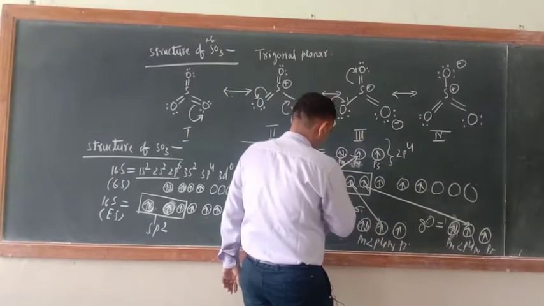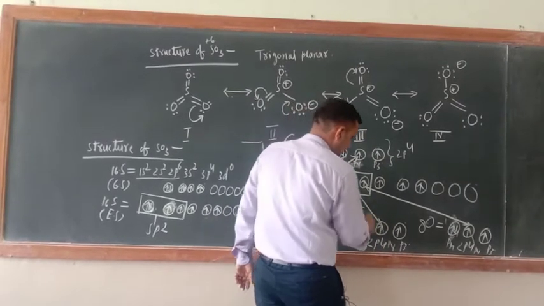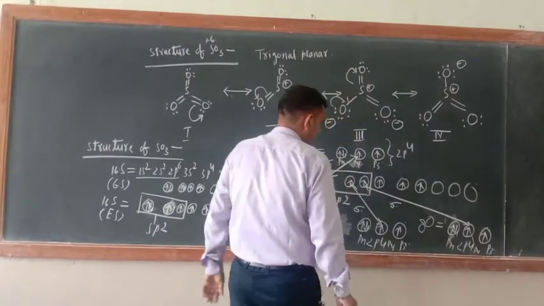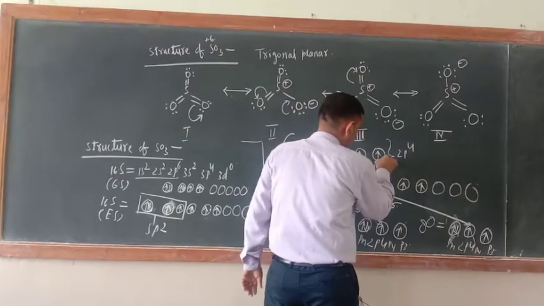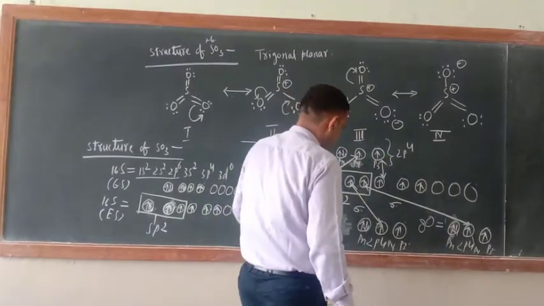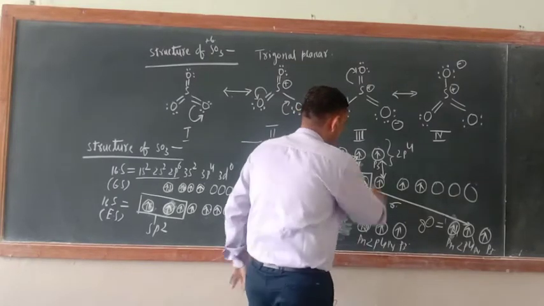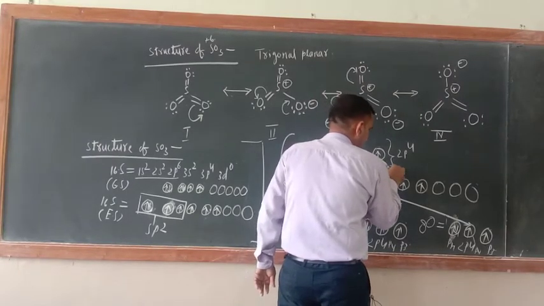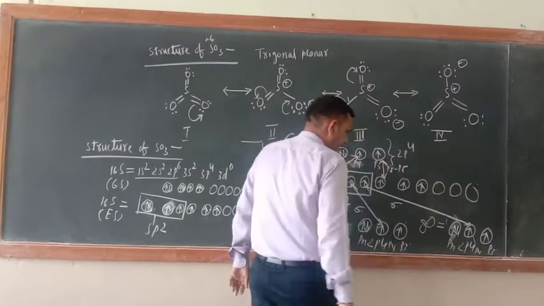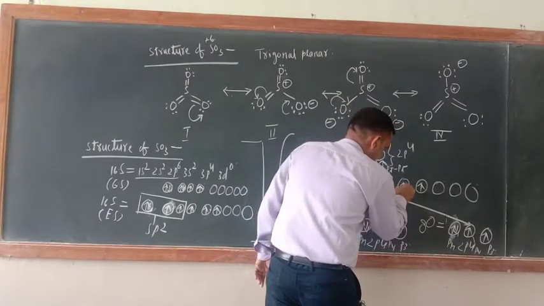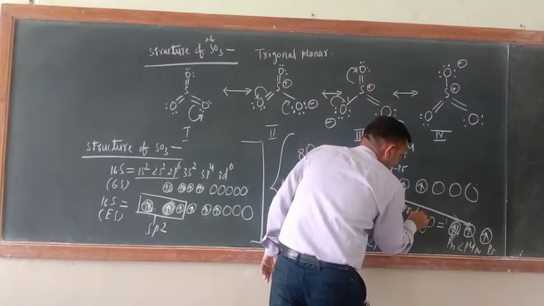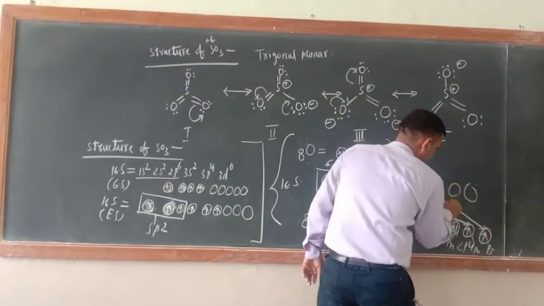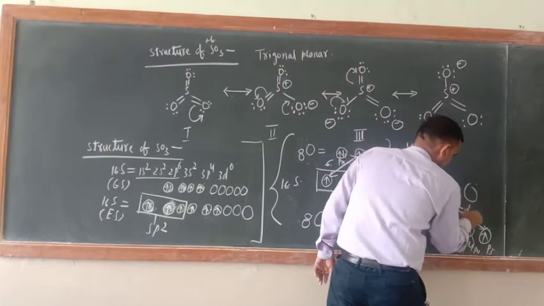Here sigma, here sigma, this is also sigma. Now just see, how many are left? This one and this one overlap, they will form P pi. Now this one and this one, this is P pi D pi. Now this one and this one, this is P pi D pi bonding.